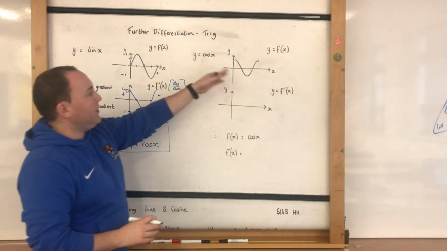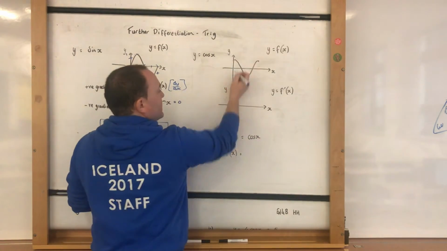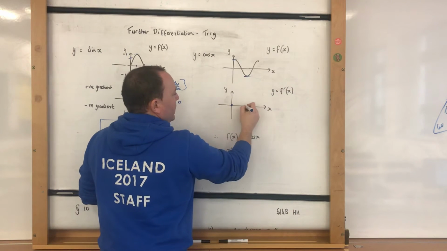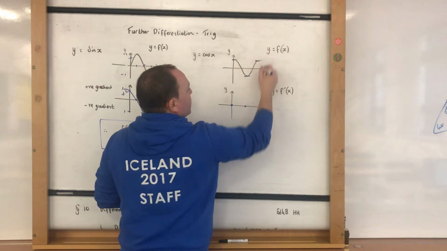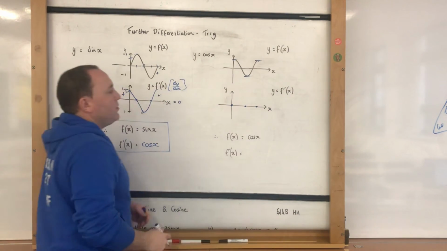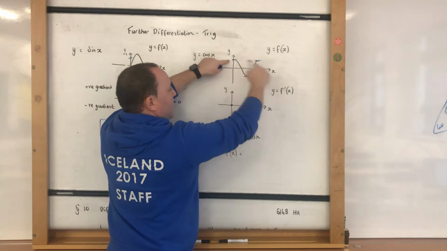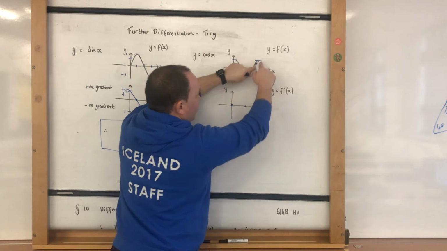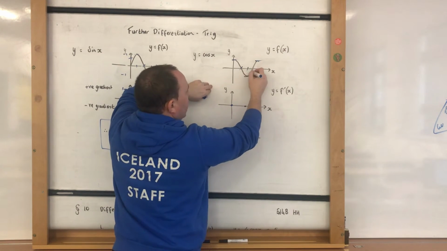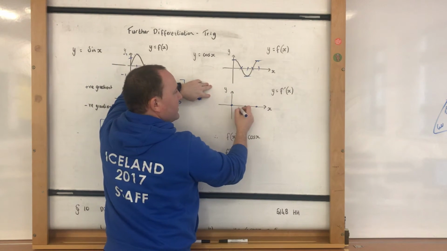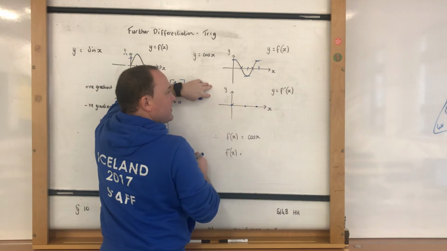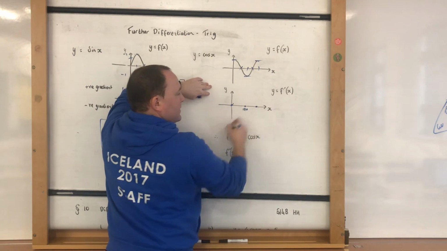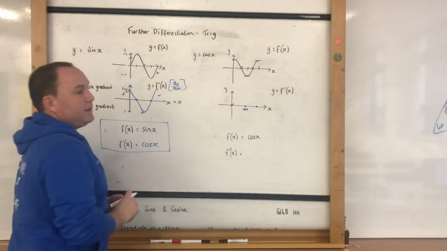Okay, so cosine, we can do something very similar. There's a turning point, here's a turning point, there's a turning point. So stationary points occur when f dash x equals 0: stationary point, stationary point, stationary point, at 90, 180, 270, 360. So at 0 there's a stationary point, at 180 there's a stationary point, and at 360 there's a stationary point.